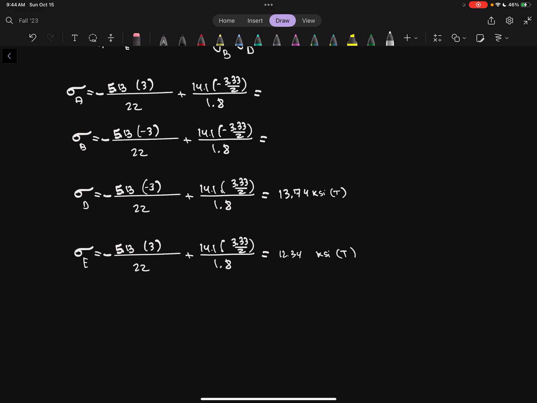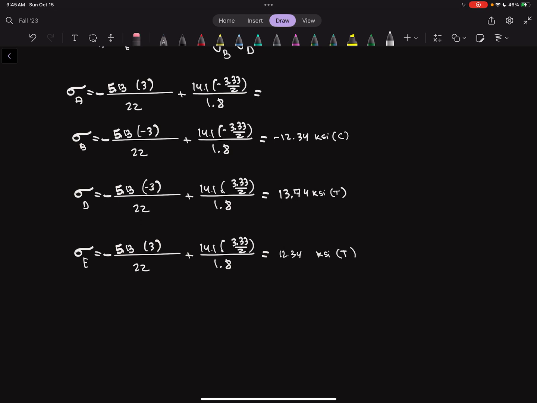I get minus 12.34. And that's going to be compression. And then the last one is going to be 5.3, the same thing, but we're going to have a negative here, and we're going to have a positive here. So positive here and a negative there.